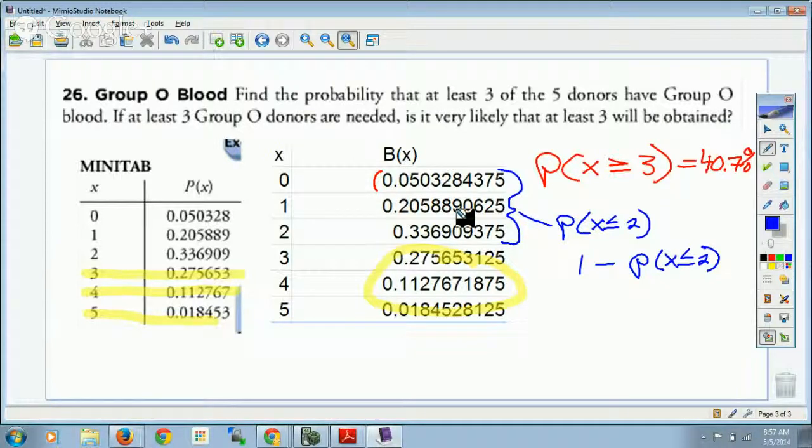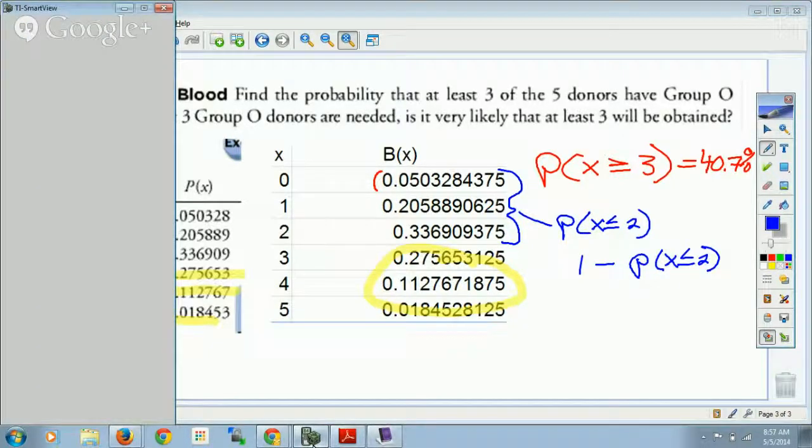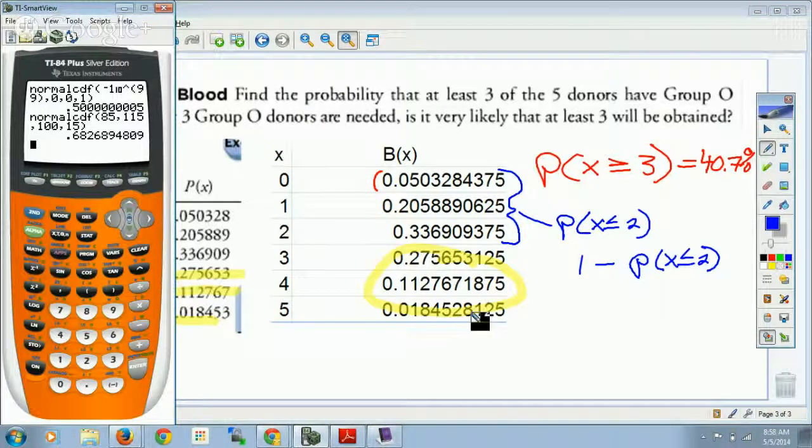So I'm going to check with the TI about this. I'm going to do a CDF to get a left tail. I'm going to do 1 minus that left tail. So 1 minus, second VARS to get the distribution value, scrolling down to get the binomial cumulative distribution.